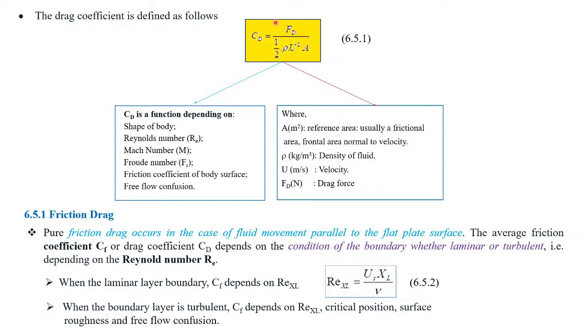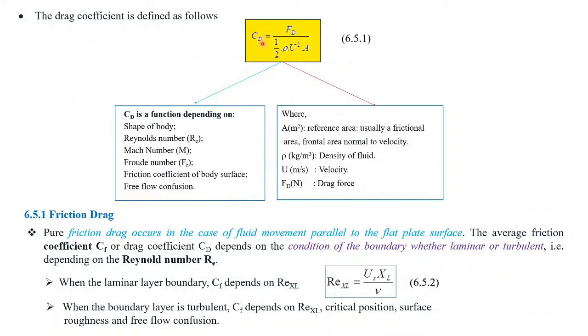So you can use this formula, or you multiply this term from the right to the left, and you get FD equals 1/2 rho U square A multiplied by CD. You get the formula. So in this case, we use the formula to calculate CD.